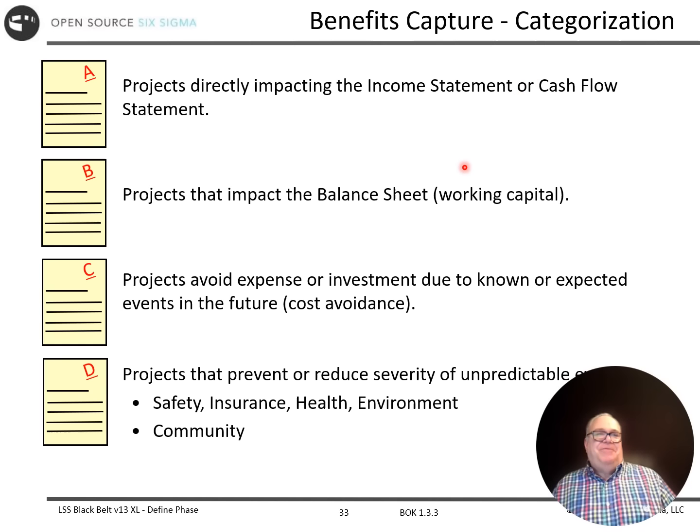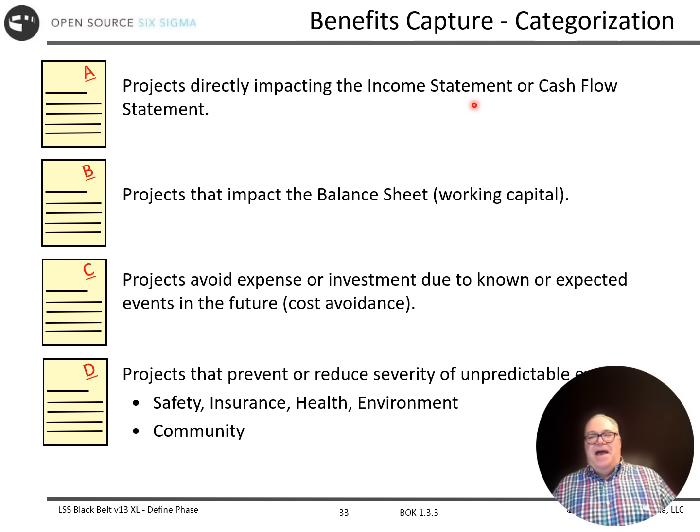All right, so in this slide, you might have some really good A projects. I think you're going to have a portfolio across all of these different types. I guess this is kind of stating the obvious. If I could find all kinds of projects that were going to impact the income statement, either by higher revenue or lower cost, I would do those all day long.